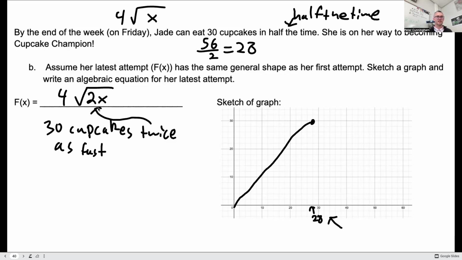So twice as fast. That's what the 2 times means. We're not going to go 2 times as high. She's not going to eat 60 cupcakes. She's going to eat it twice as fast. So we are compressing the x-axis. And then we would end up with 28 minutes to eat 30 cupcakes. On God, period.